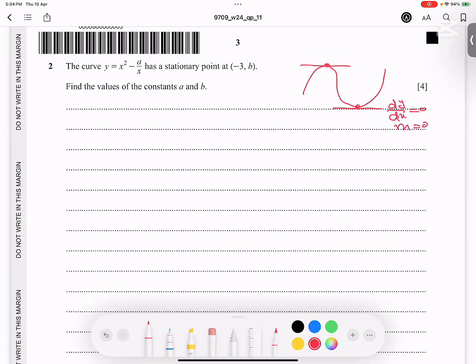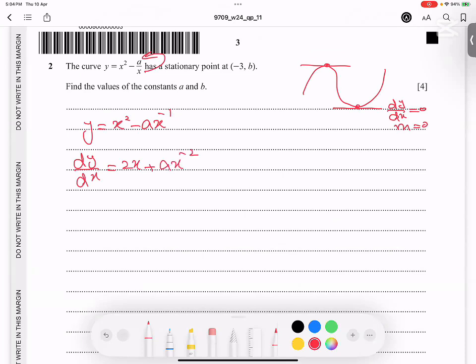So first of all, I will differentiate. So y is equal to x to power 2 and negative a x to power negative 1. I brought this x up. Now let's start differentiation: 2x, and this power will come down, multiply with that, and power 1 less. Okay, this is done.